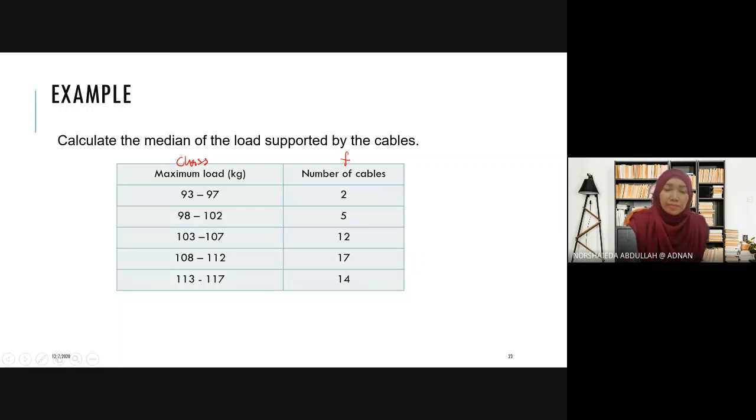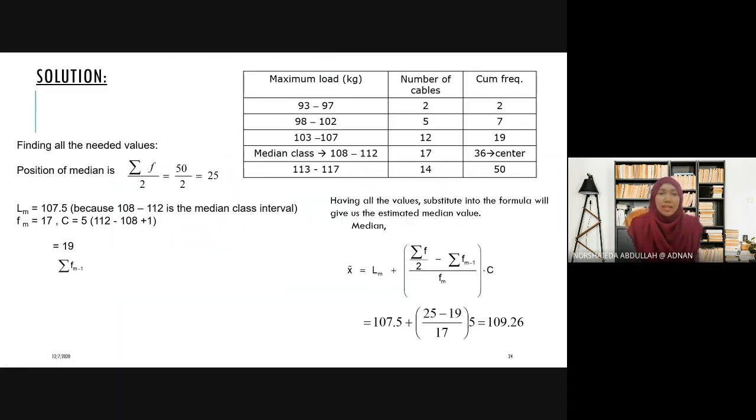Next, we find the cumulative frequency. For the first class, 2. The second class, 2 plus 5, 7. Then 7 plus 12, 19. 19 plus 17, 36. 36 plus 14, 50.